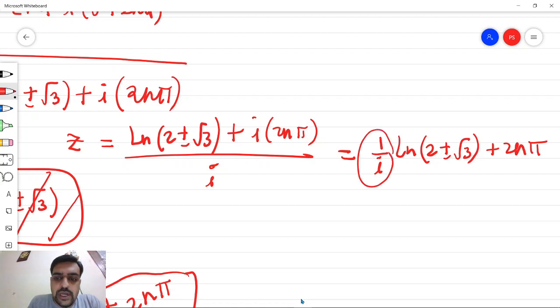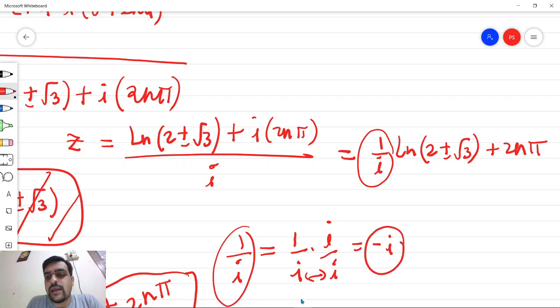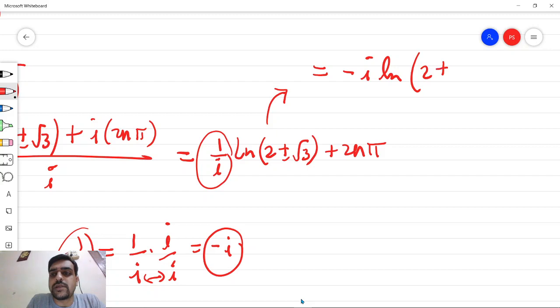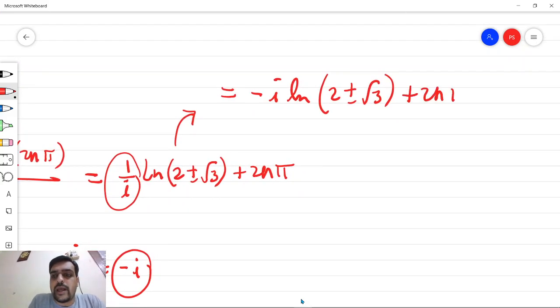Now this 1 upon i can be further simplified as 1 upon i into i upon i. This i into i is i squared, which is minus 1. So we get a minus i. So 1 upon i is the same as minus i. If we rewrite this, we write it as minus i times Ln of 2 plus or minus root 3 plus 2n pi.